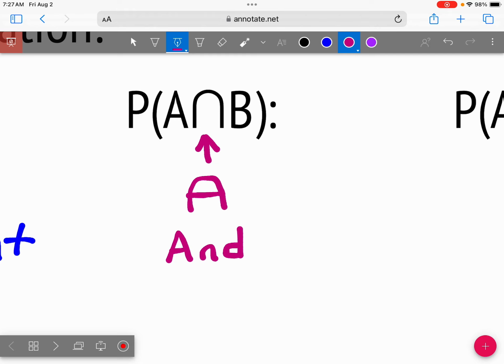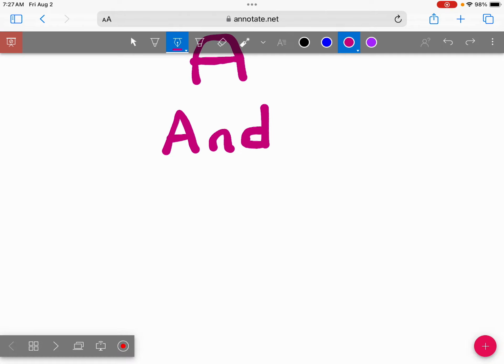Two things. Or I roll two dice. Or I flip two coins. Two things. But I need event A to happen and event B to happen. Both have to happen. So this is also called the intersection. My screen's being a jerk. Let me move. There we go. So this is also called the intersection.